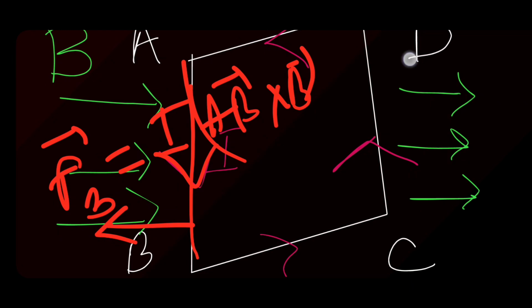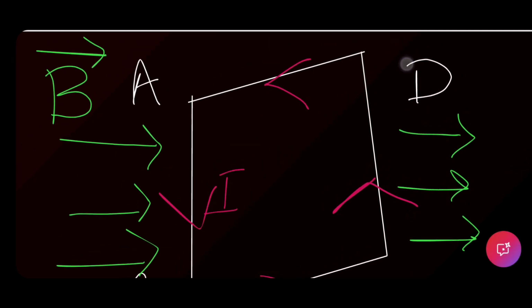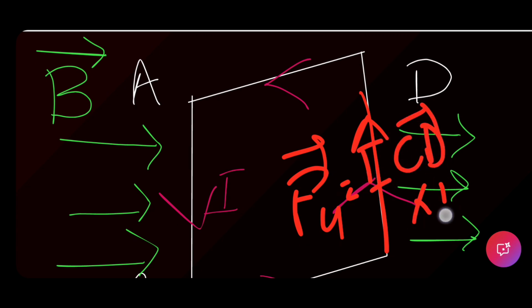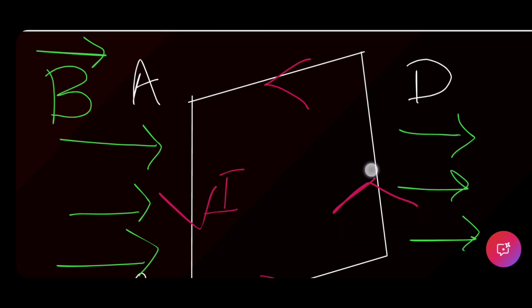And the force on the line CD will be F4, and this force is I CD cross B, and this force will be along this direction.